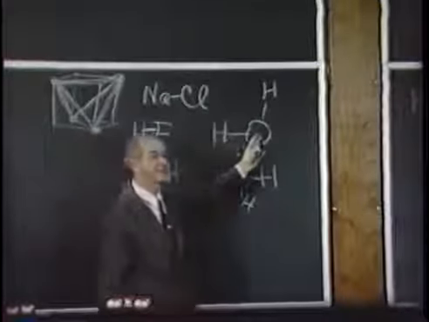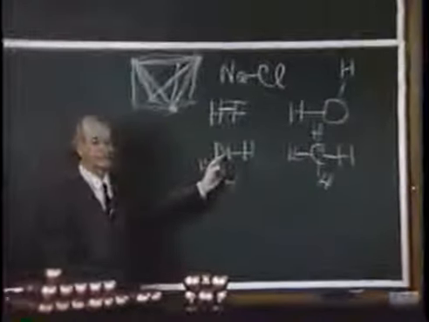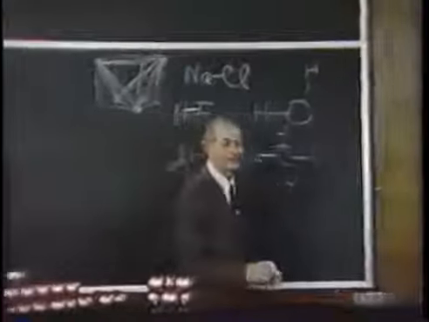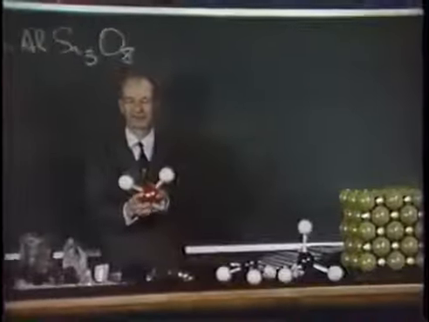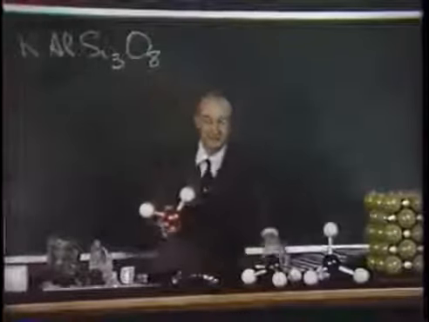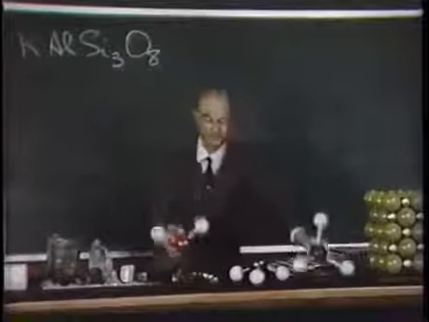Water, oxygen, is bivalent. It can form 2 chemical bonds. Nitrogen is trivalent. Carbon is quadrivalent. I have here some models illustrating this, standard ball and stick models, H2O, NH3, CH4.